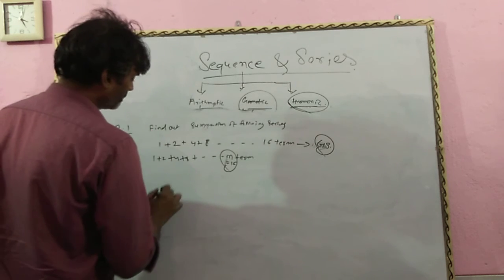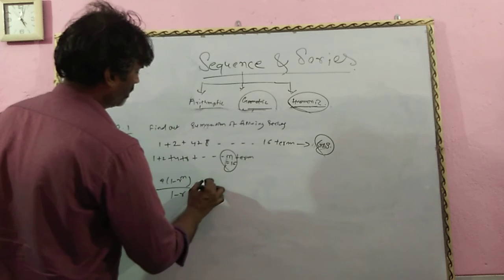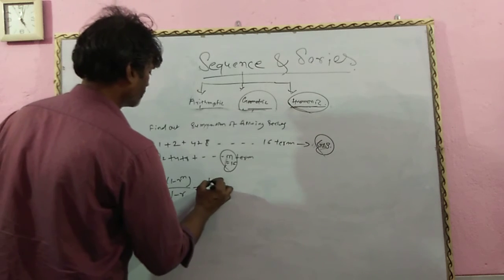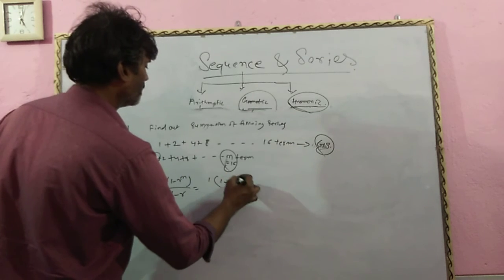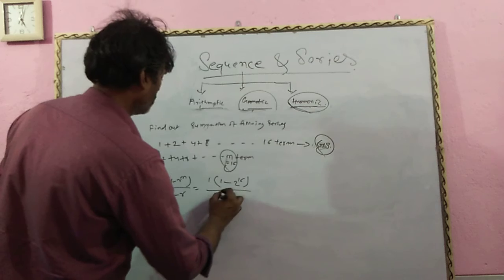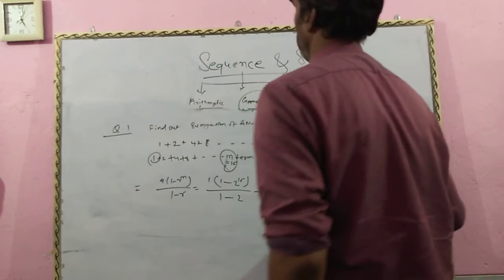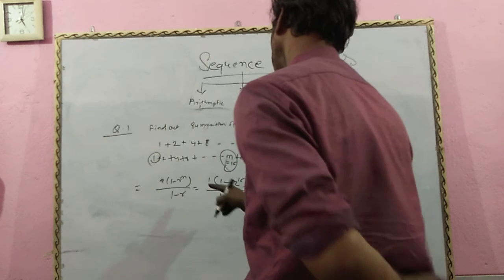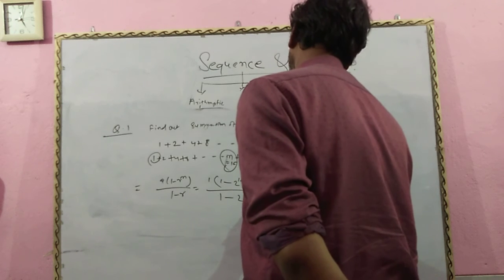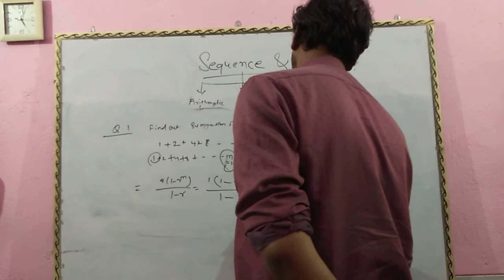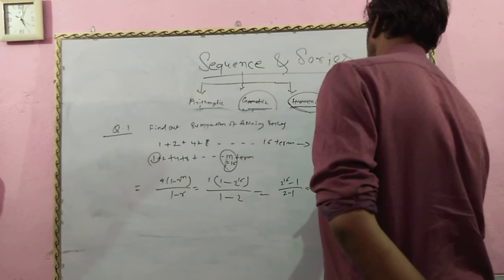Summation is a(1 - r^n) upon (1 - r). A is 1, r is 2, n is 16. This should be written like that: (2^16 - 1) upon (2 - 1), isn't it? Which is equal to 2^16 - 1. This is the answer.